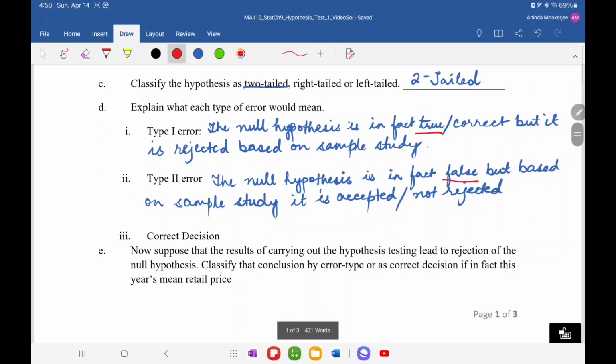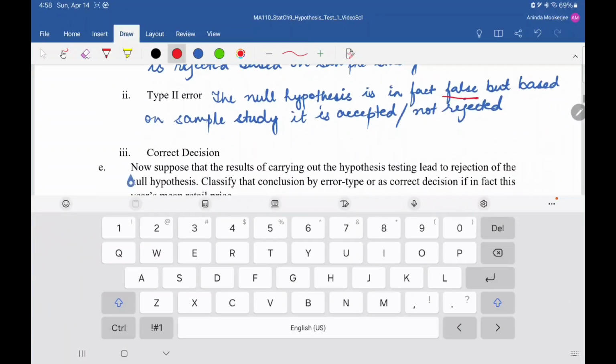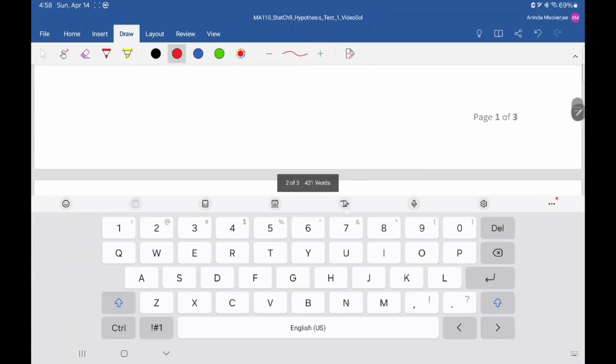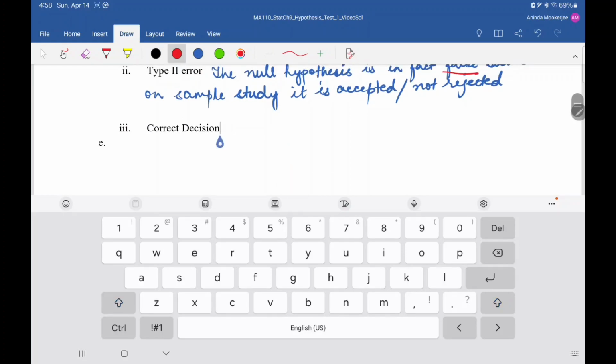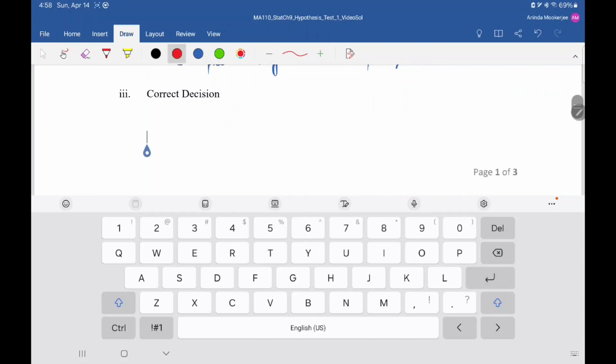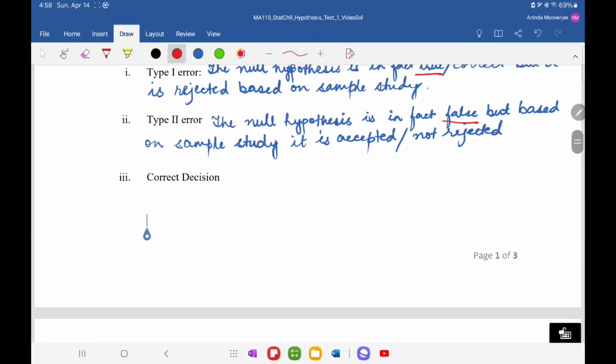All right. And when is it a correct decision? A correct decision is taken when we do not reject a true null hypothesis. So a true null hypothesis is not rejected.